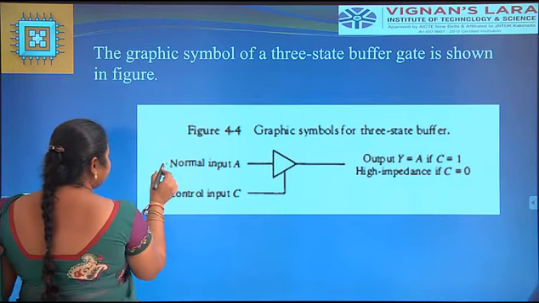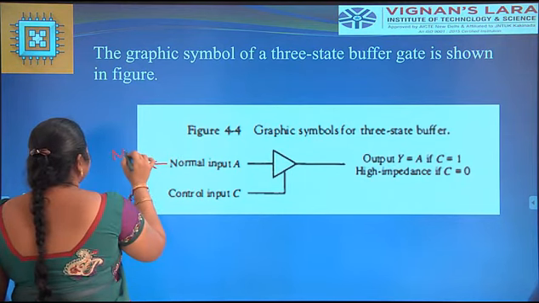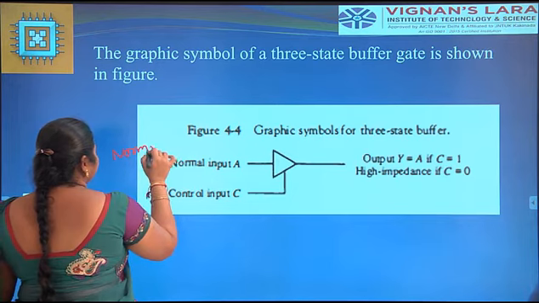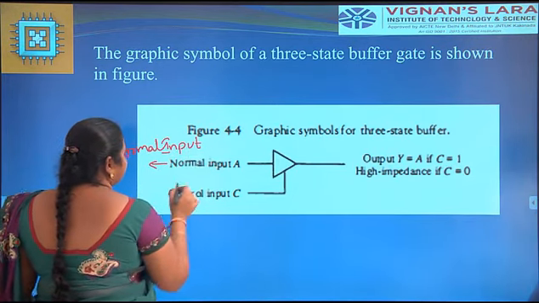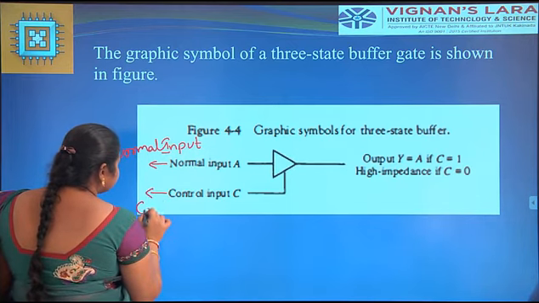This is the normal input, and this is the control input.